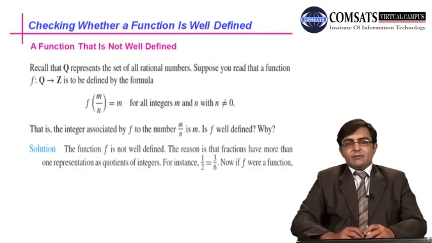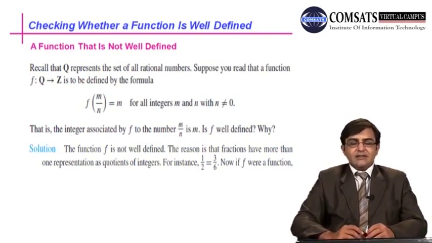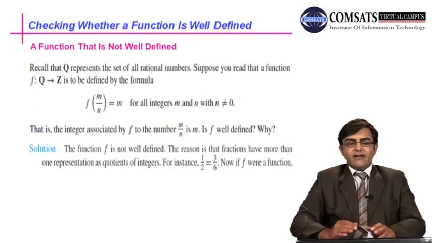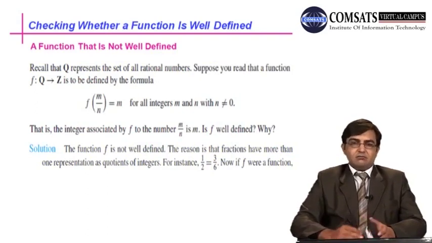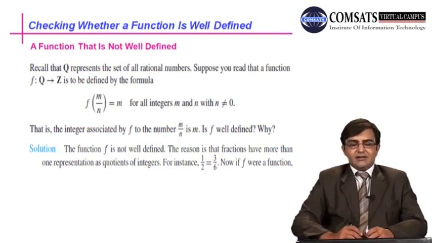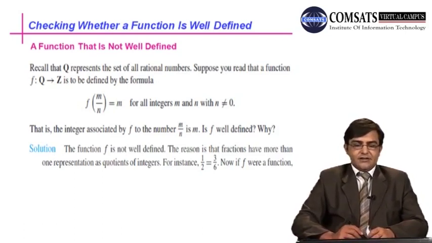Similarly, we take another example that I cannot call a function because it is not well defined. It can only be a relation but not a function. How? We have the set of rational numbers, which we discussed in set theory, and the set of integers.